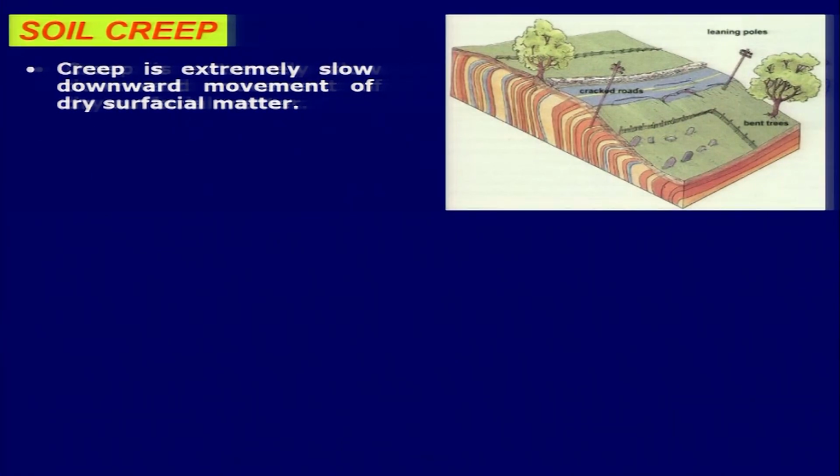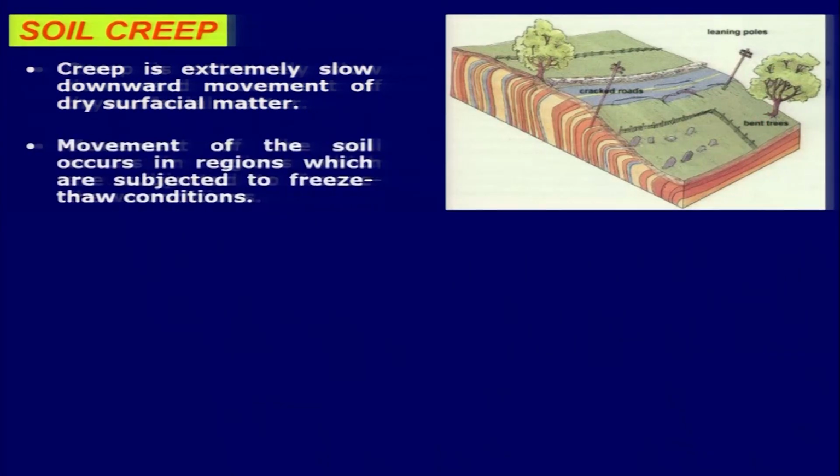If you see in the section, if there is a bedrock, then also you will be able to see the bending of the succession, as well as a formation of extensional cracks, and either the tilting of the light poles, or the bending of trees also. So, these are the indications of creeping.